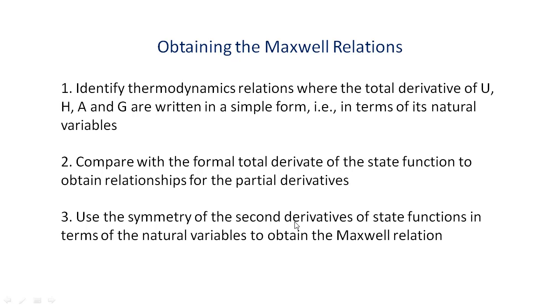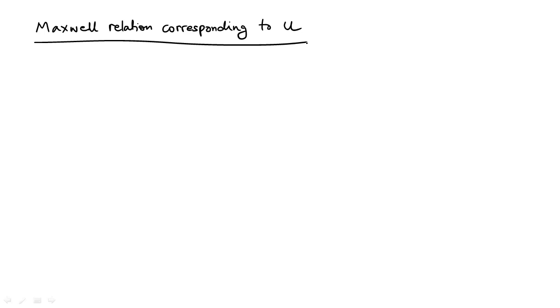Let me begin by deriving the Maxwell relation for the state function corresponding to the internal energy. We start with the first law of thermodynamics. dU is equal to delta Q plus delta W. The heat absorbed and the work done depend on the path, and we will choose a reversible path.